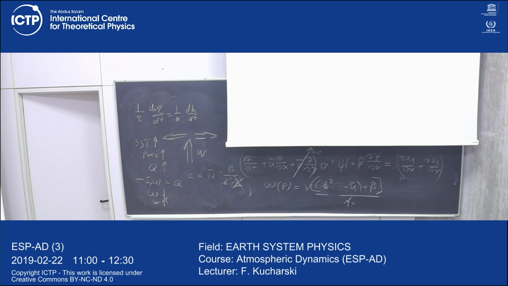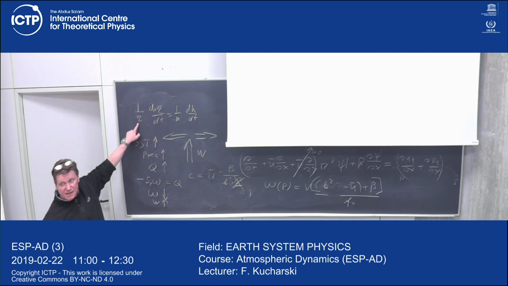Then you say this eta that appears here, for our quasi-geostrophic approximation, is nearly the f parameter, because the relative vorticity is one order of magnitude smaller.